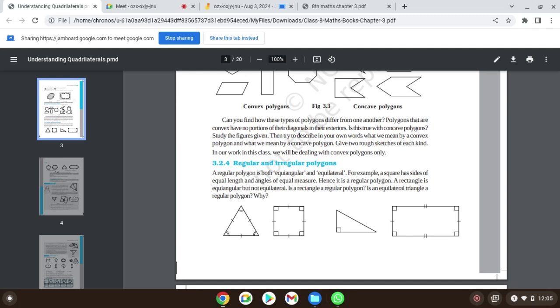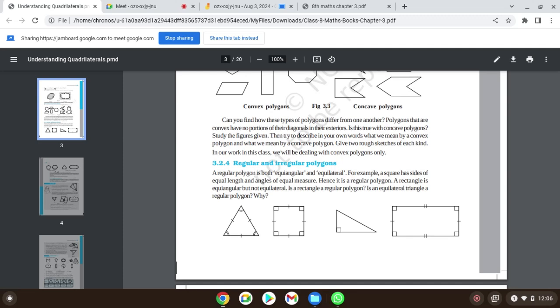Regular and irregular polygons. Firstly, Sukana, can you tell me what is a polygon? Yes, ma'am. A polygon is a two-dimensional figure, a plain, flat surface, with straight lines in a closed shape.